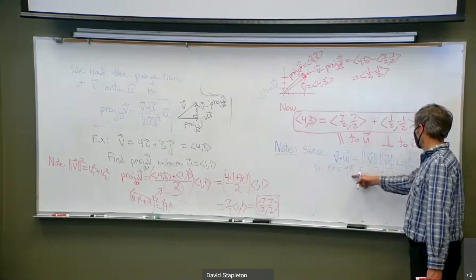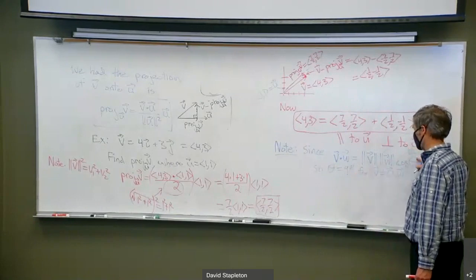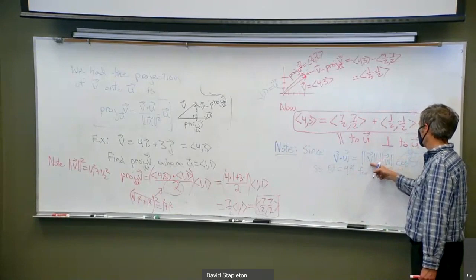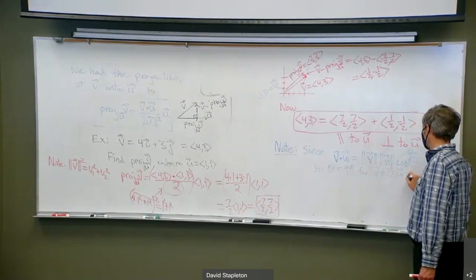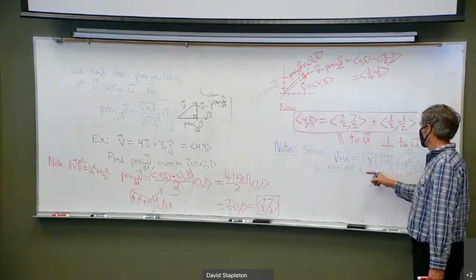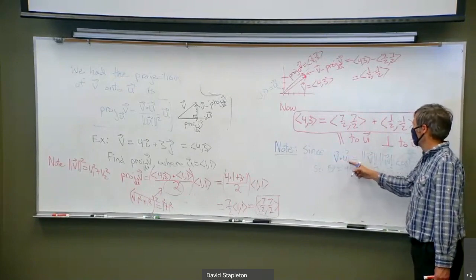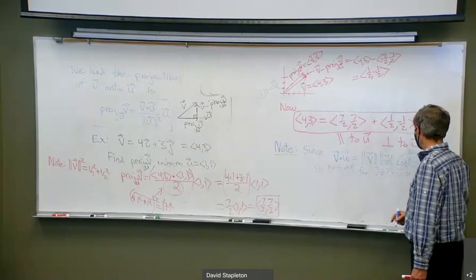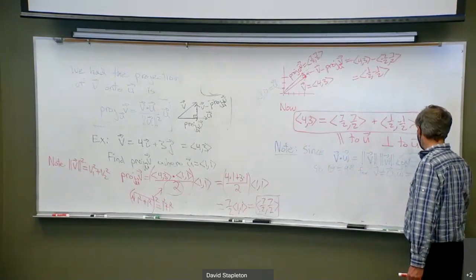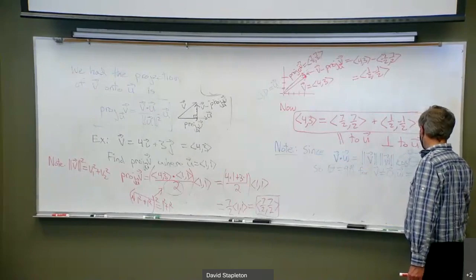If theta is 90 degrees, then this is 0. Cosine of 90 degrees is 0. These can't be 0 if they're not the zero vector. So, the two vectors are perpendicular if and only if V dot W equals 0. IFF means if and only if.